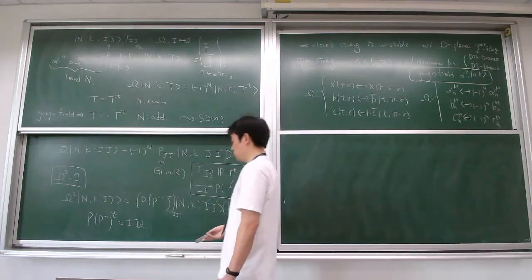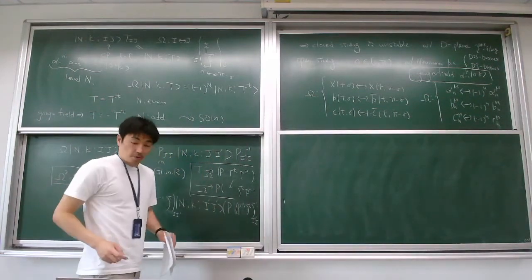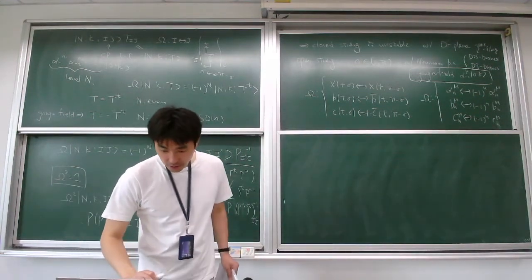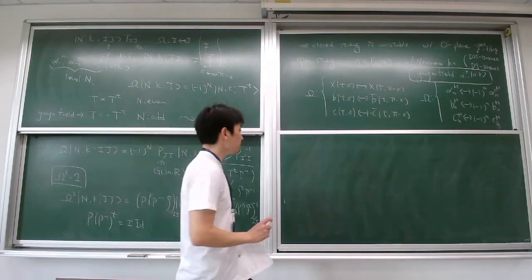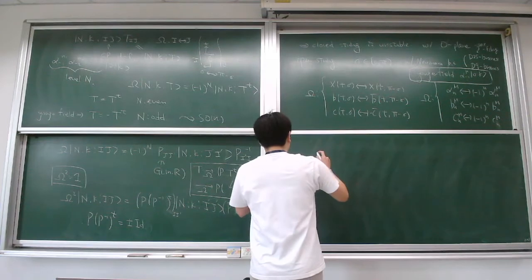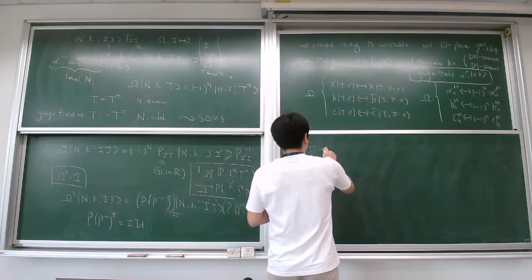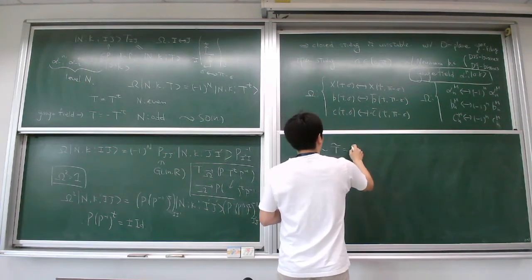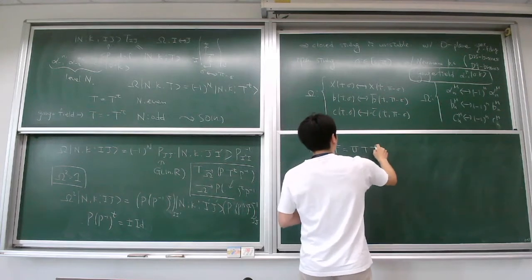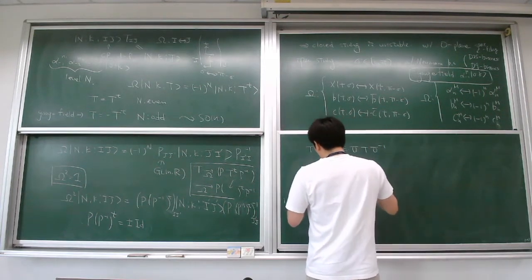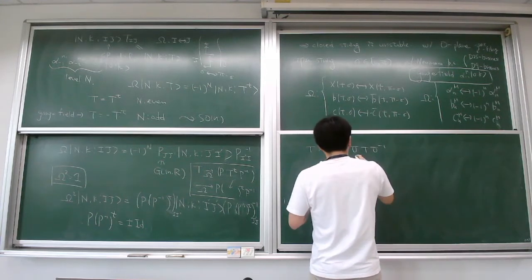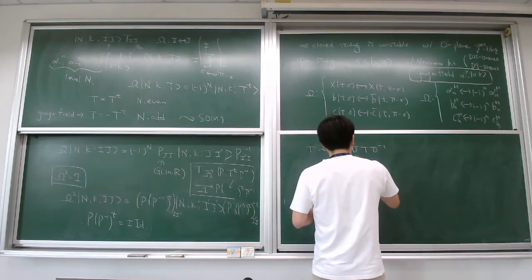Moreover, we have some gauge equivalence of T, which is equivalent to T tilde equals U T U inverse, where U is some unitary matrix. So this is a U(N) gauge group.